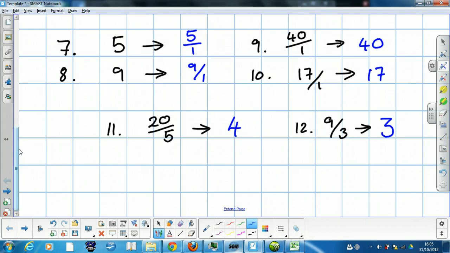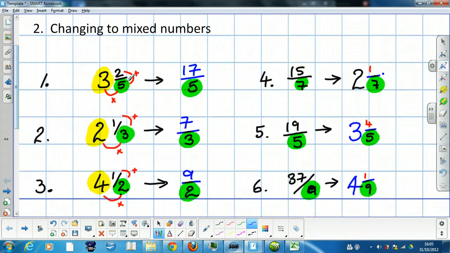Anyway, to recap, and these are the most important cases, cases 1 to 6. To change a mixed number to an improper fraction, multiply the whole number part, the integer, times the denominator, add the other number I haven't used, the numerator, and put them all over the same denominator. Working the other way, changing improper fractions to mixed numbers, divide the denominator into the numerator, and put the remainder under the old denominator.